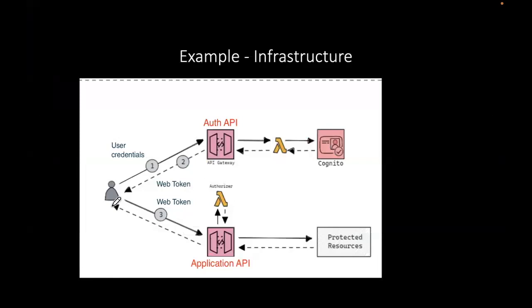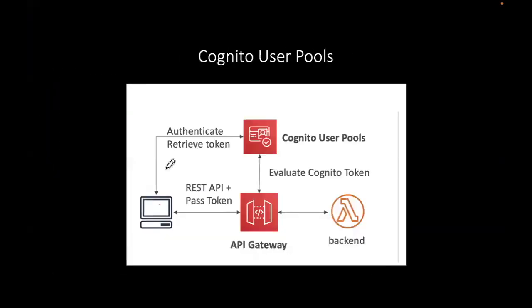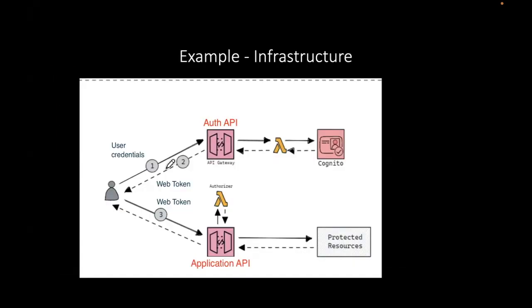Now, what I want to do is walk through this example stack, and you could regard this as a more detailed representation of this. This is a very high level illustration of how Cognito works in conjunction with API Gateway. This is a more detailed one though.